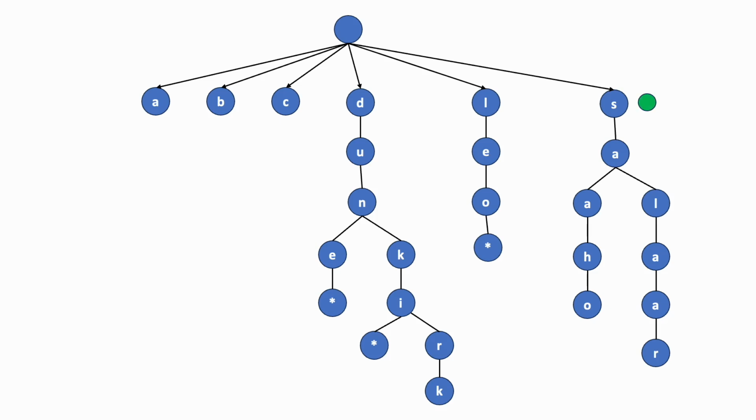For example, if the user is searching for Salar, or if the user has just typed SAL, what we will do is first go directly to the S record. As soon as we go to the S record, we already ignore the other 25 alphabets. Imagine you are looking at 1 lakh records, and already you have avoided 90% of your search.